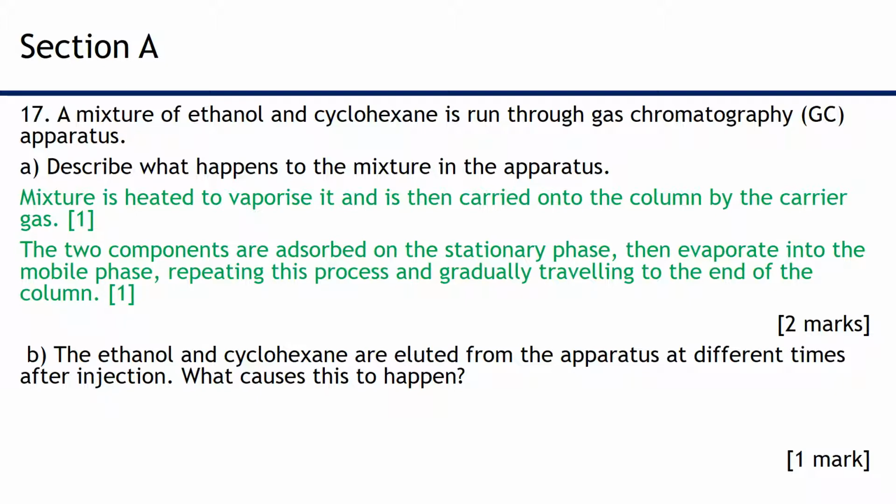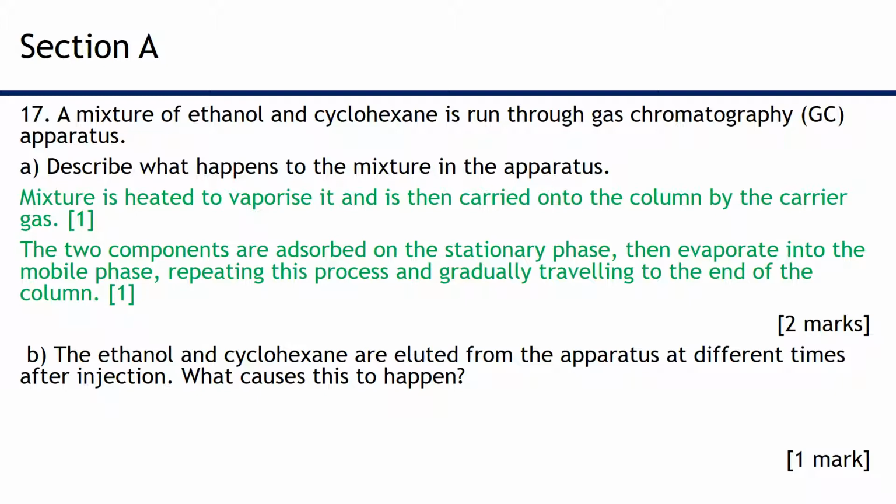And so your mixture is adsorbed onto the stationary phase, or into the stationary phase if it's a liquid, and then the heat of the oven of the gas chromatography apparatus evaporates it back into the mobile phase. It's carried along for a bit until it is readsorbed, and this process repeats, and the components gradually travel to the end of the column, separating out as they go.